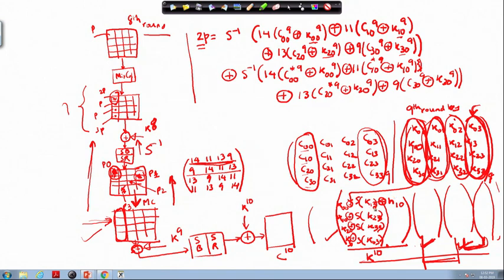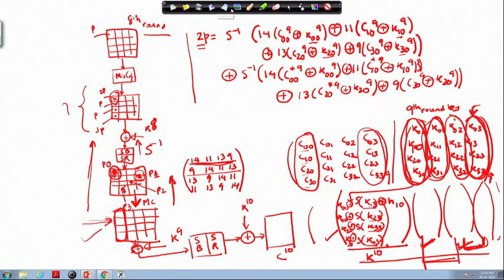For that you have to see the values of K13, K23, K33 and K03 of the 9th round key. But remember that these are something you have already obtained and expressed using the 10th round key.